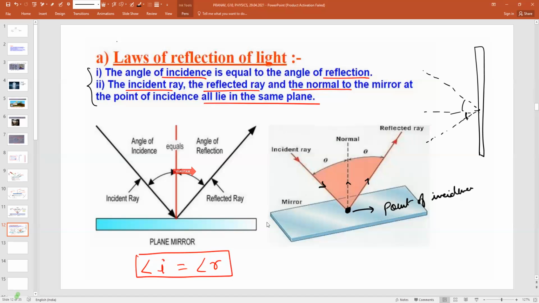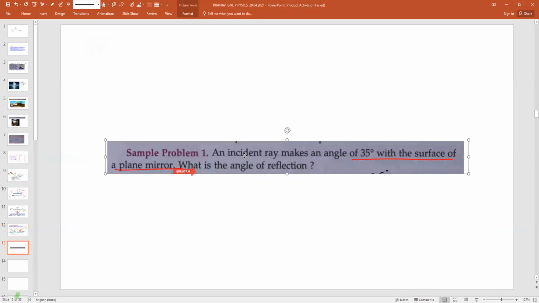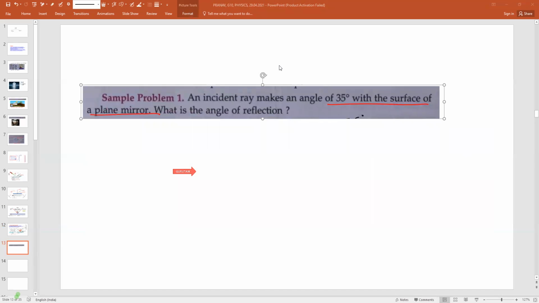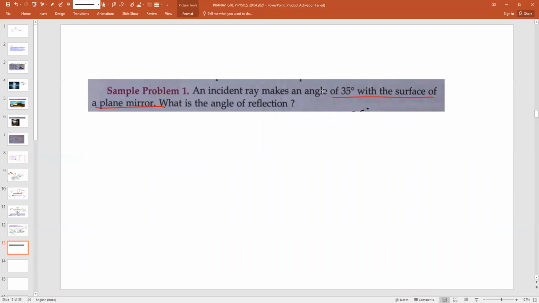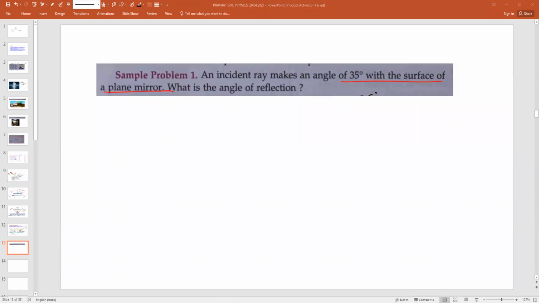Okay, fine. So these two laws you have just learned, right? So I'm going to give you a question and you need to solve it based on them. Ready? Okay, give me the copy. Just try this one. Tell me the answer.